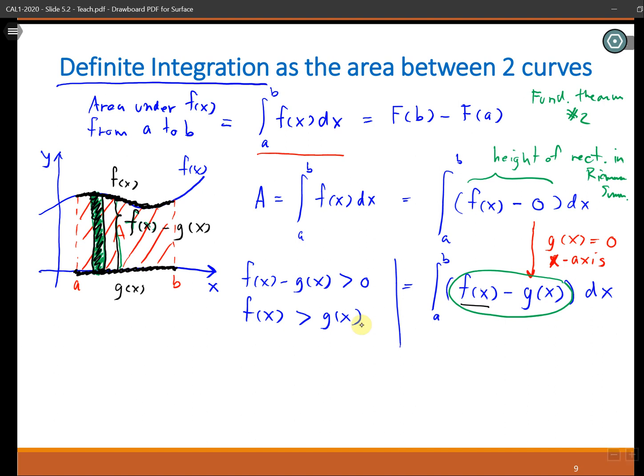So let's put meaning here. f(x) is the upper function and g(x) should be the lower function.